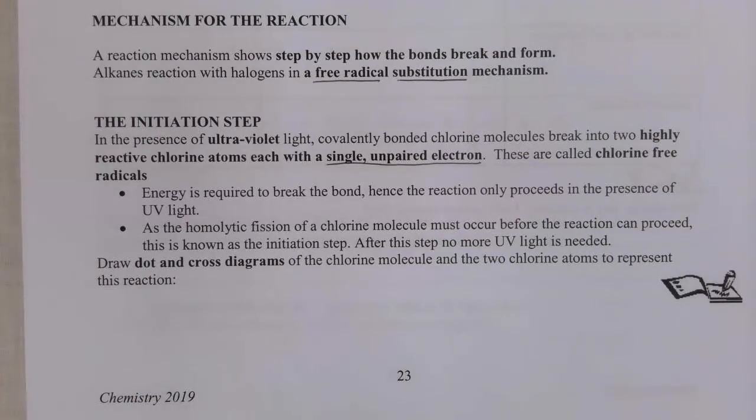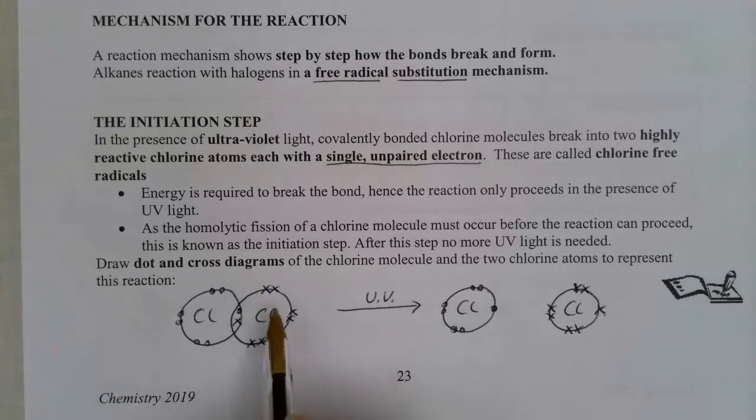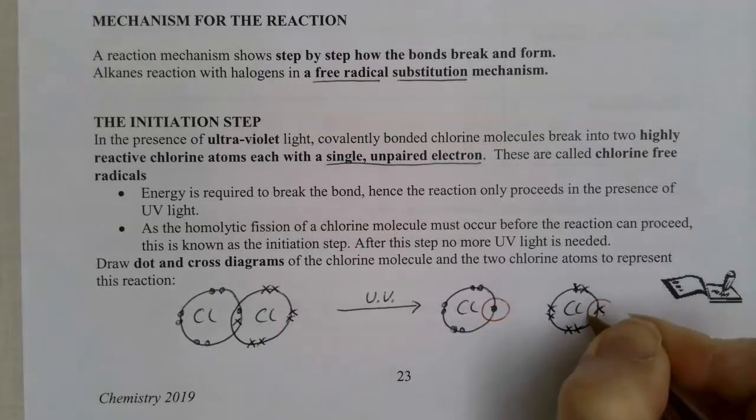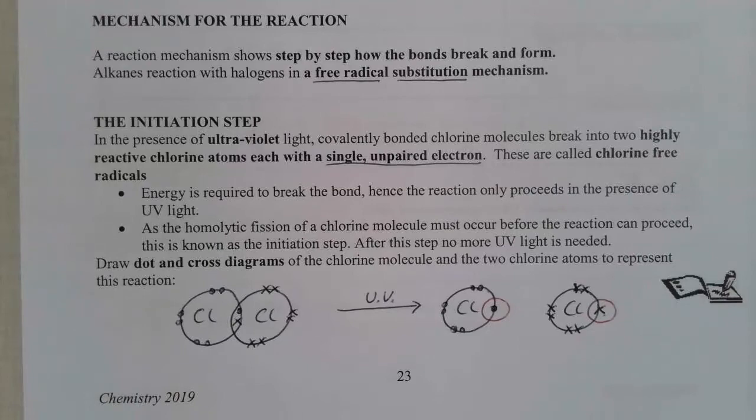So if we look at the dot cross diagram of the chlorine molecule and the 2 chlorine atoms it represents. So here is my chlorine molecule. It's got a single covalent bond between the 2 chlorine atoms. The UV light can actually break that bond to produce 2 chlorine free radicals. They're free radicals because they've both got this single unpaired electron.